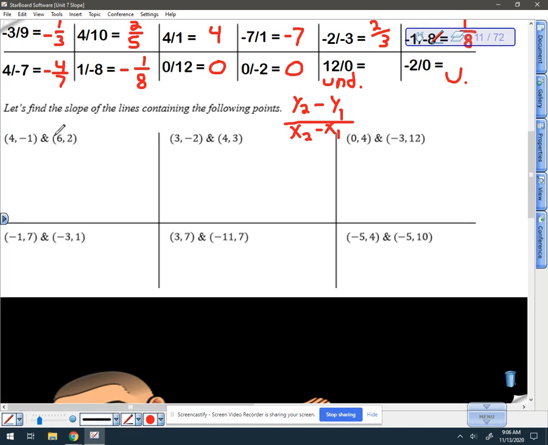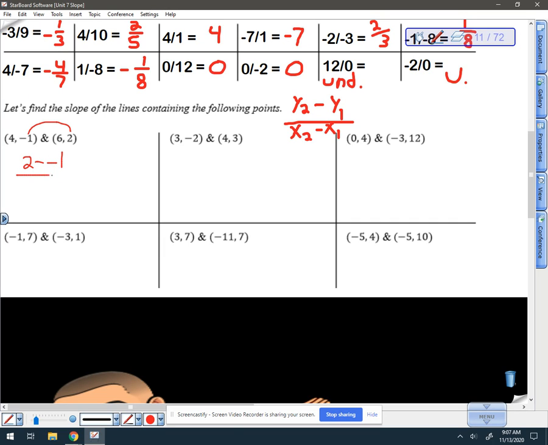So if we look at our first example here, take our second y minus our first y. So we've got 2 minus, so take our second y, 2 minus, and then our first y, negative 1.